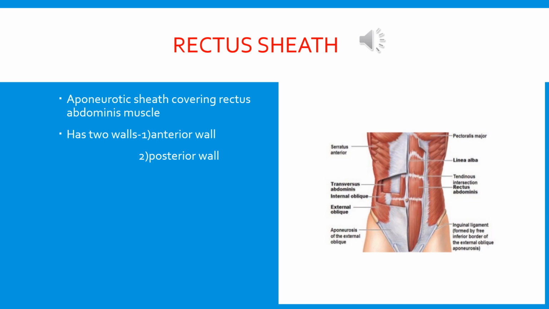It is seen on either side of the linea alba, and it is derived from the aponeurosis of three flat muscles that are seen on the anterior abdominal wall. The three flat muscles seen in the anterior abdominal wall are external oblique, internal oblique and transversus abdominis.